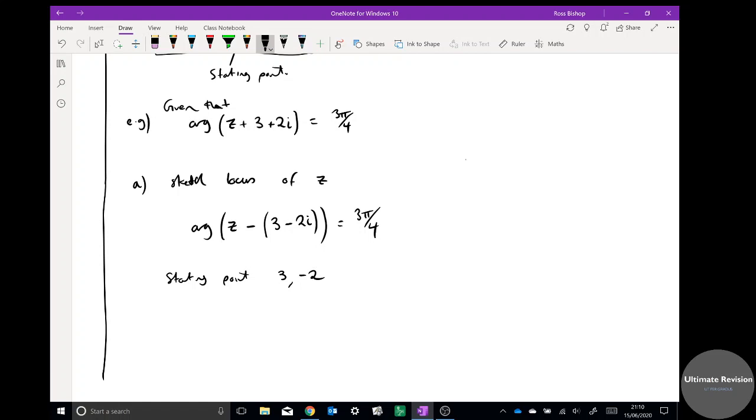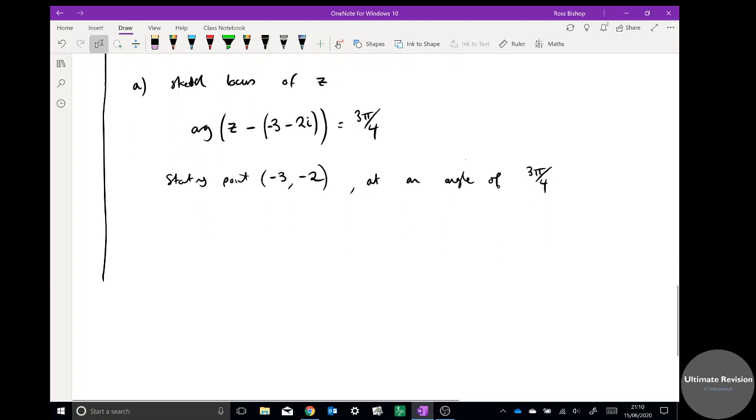Again, I've made a slight error there, haven't I? That needs to be a minus 3, because it would be plus 3. So the starting point is minus 3 minus 2, and it goes at an angle of 3 pi over 4.